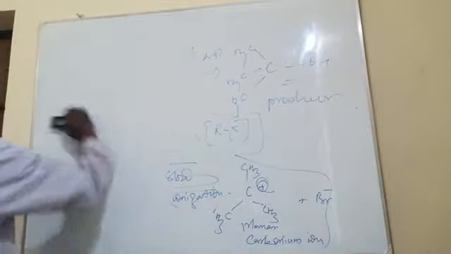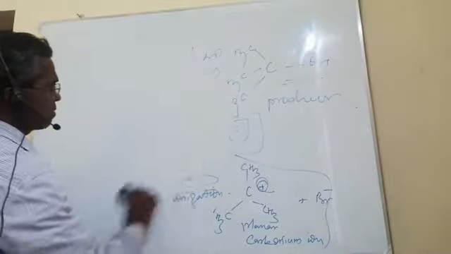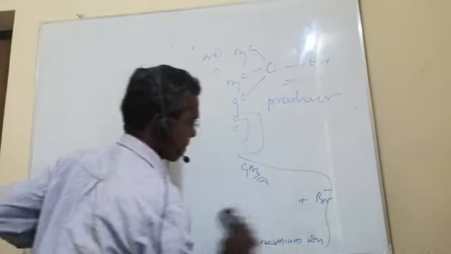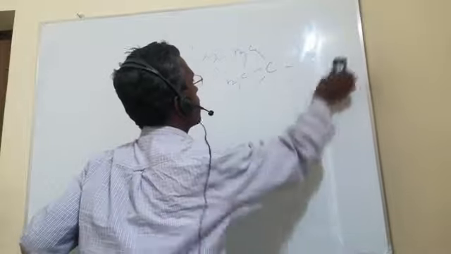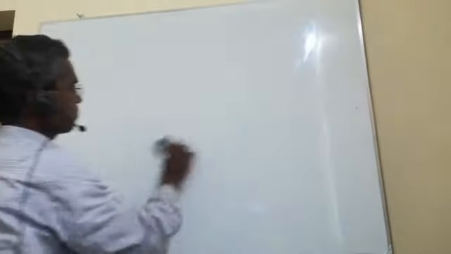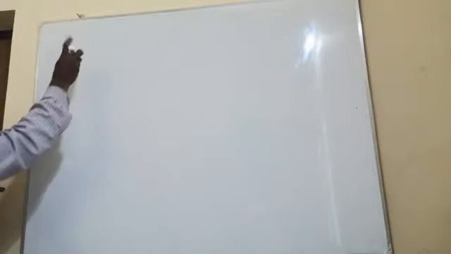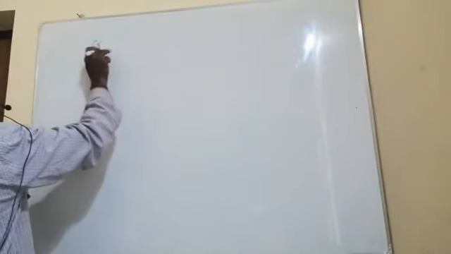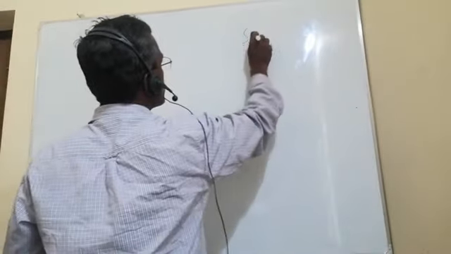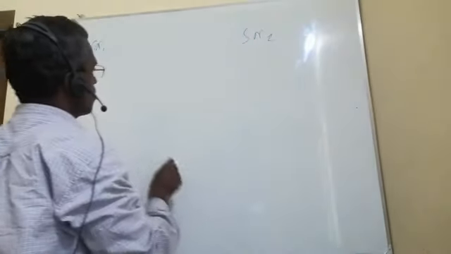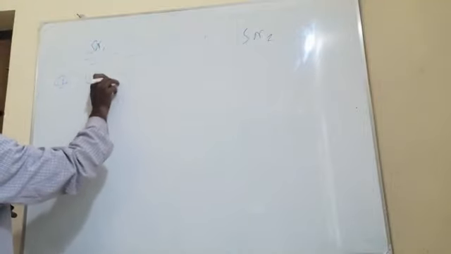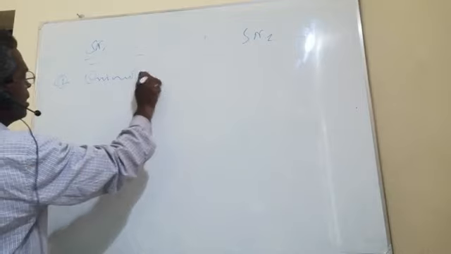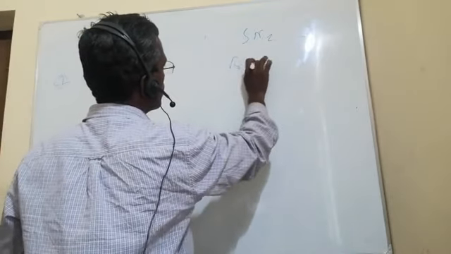Say for example, take the case of SN1, take the case of SN2. You know that SN1 is unimolecular, you know very well, and this is bimolecular.